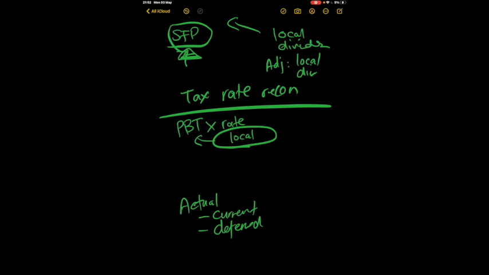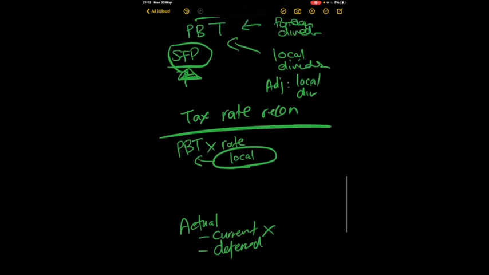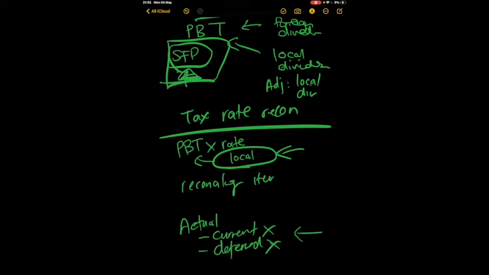Well, the local dividend is exempt from tax, so there's no current tax, and there's nothing on the statement of financial position for the local dividend, so we didn't account for deferred tax. So in my starting point, I've got the local dividend, but it's not in my end point. That means that I must have a reconciling item to account for the fact that I have this local dividend of the 38k, and I'm going to multiply that by the rate, or however you're adjusting.